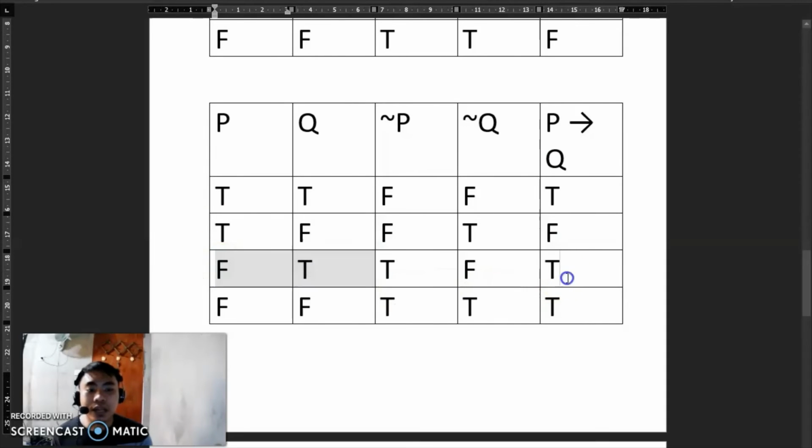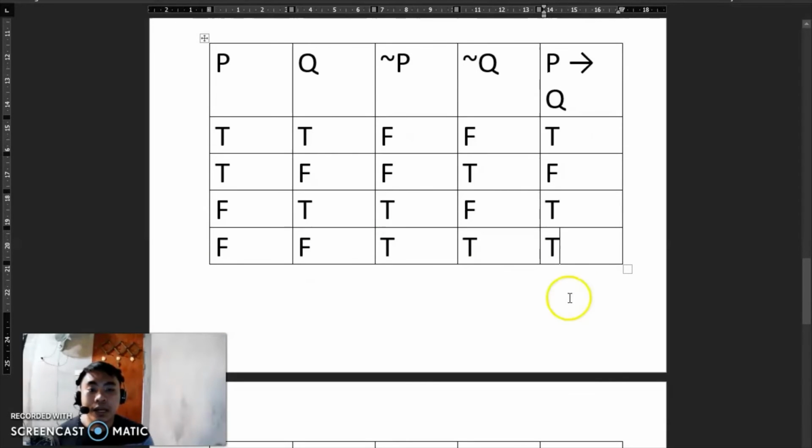False, true, ang sagot ay true. And false, false, we have true. Lagi pong mauuna yung titingnan kung alin po yung nasa unahan na given. Kung ang nasa unahan ng given po ay Q, sa Q muna po kayo titingin. At this point sa ating given, ang nauna po ang P, so ibig sabihin mauuna nating titingnan ang letter P.